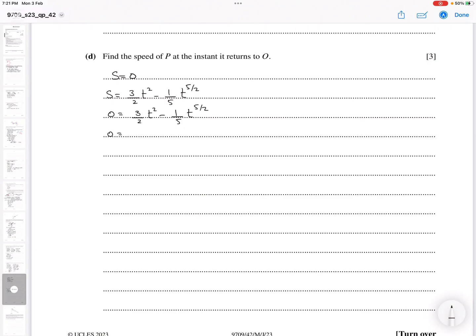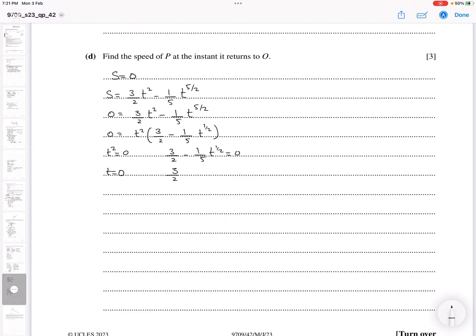So 0 is equal to, you take t squared as common, so you get 3/2 in the bracket minus 1/5 t^(1/2). So you got two factors, t squared equals 0. From here your t is equal to 0, and otherwise 3/2 minus 1/5 t^(1/2) is equal to 0.